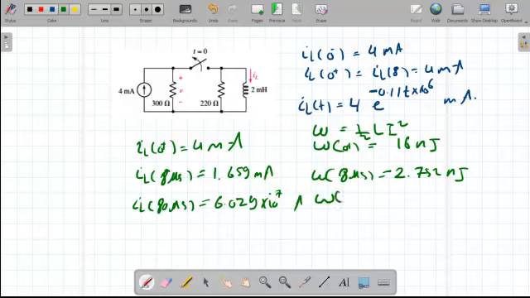W at 80 microsecond will equal 36 times 10 to the power minus 17, and as you can see the energy is decreasing as time goes. This is proof that the energy in the inductor decreases with time.